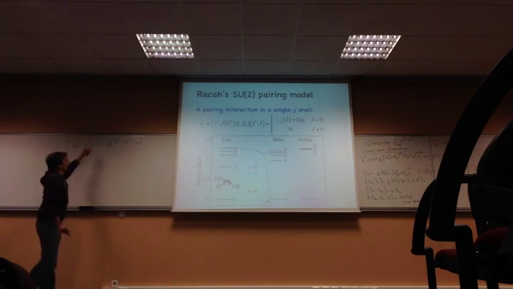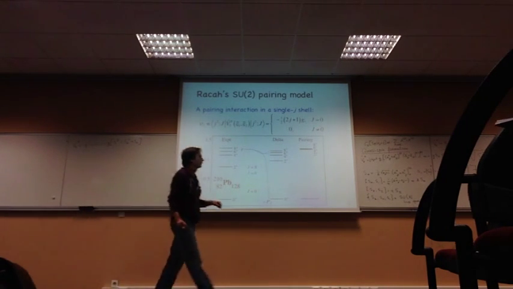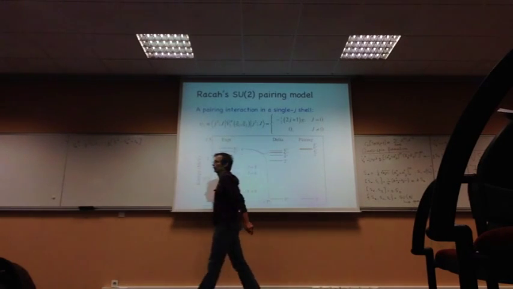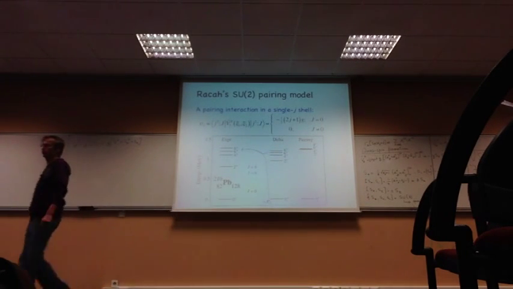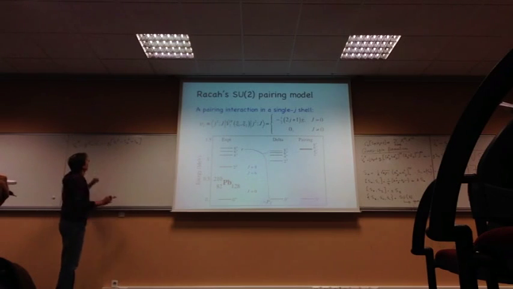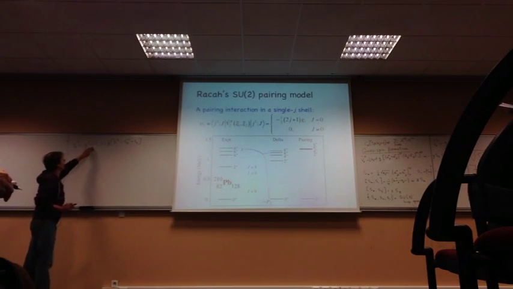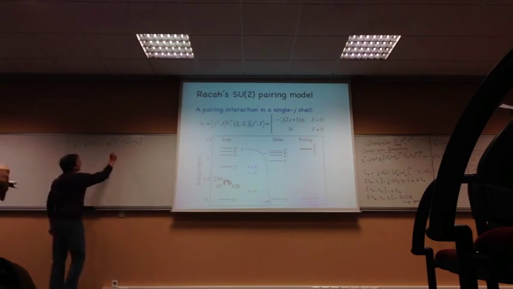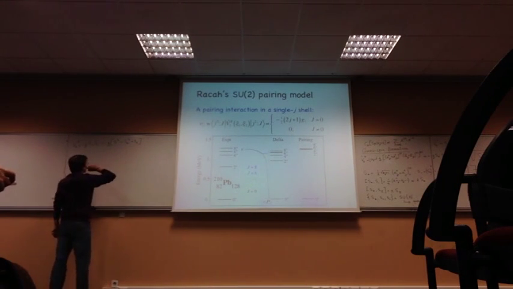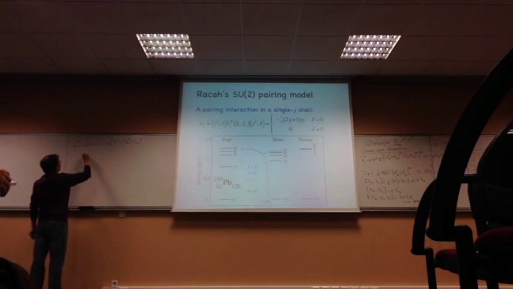This is just using these commutation relations in order to get that expression. Now the thing is done because we know that this Hamiltonian will be labeled by this classification.